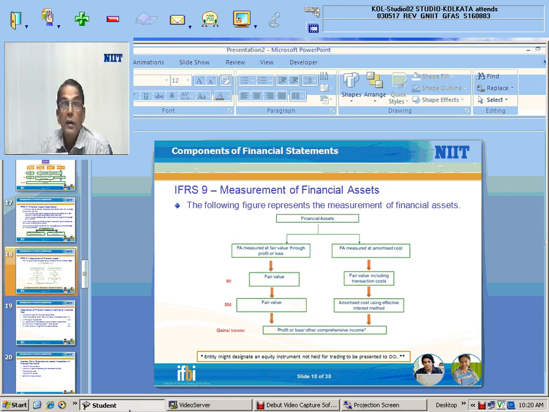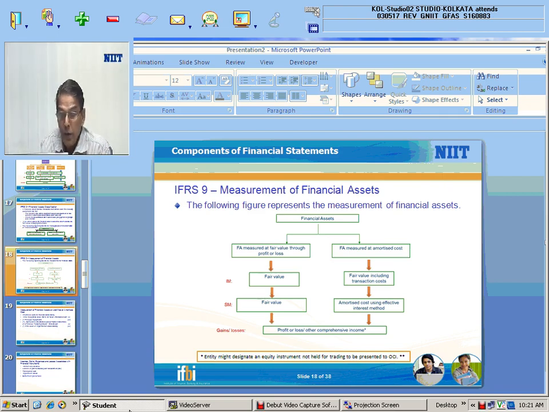Of course, the quantity of shares held in the other entity should not be more than 20% of the equity shares of the entity which has issued the shares. If it is, then IAS 28 will apply, and IFRS 9 won't apply.